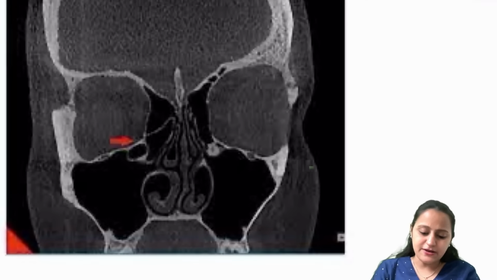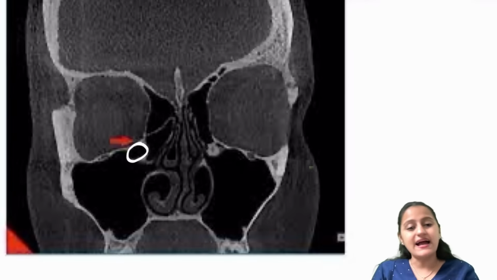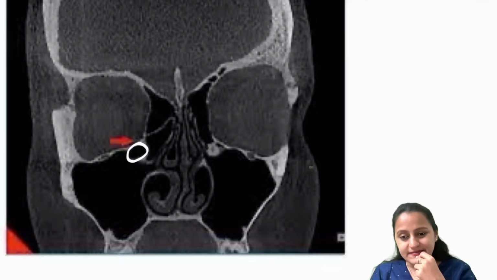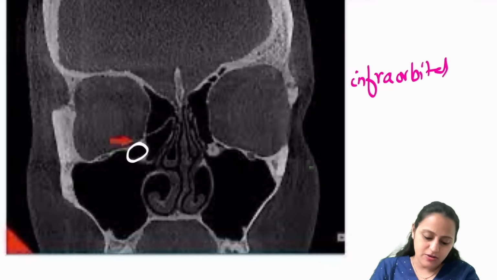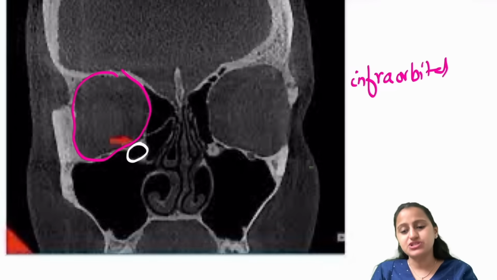Going to next one, can you tell me what is this air cell called as? Is this agger nasi? Is this Haller cell? Or is this Onodi cell? What cell is this? So the cell that you see, infraorbital air cell. This is beneath the orbit. This is the eye, the orbit का structure.